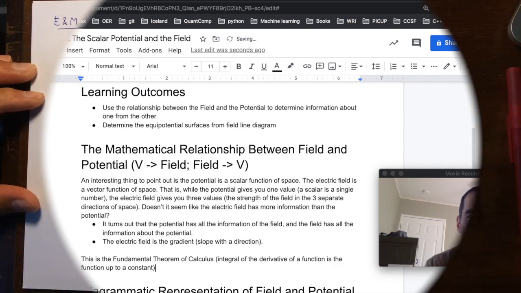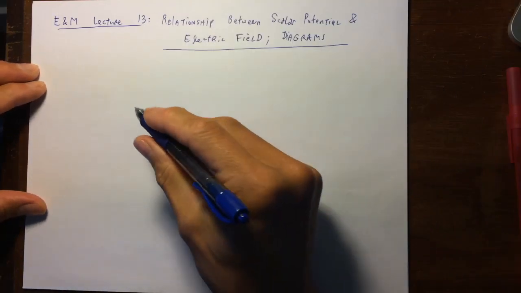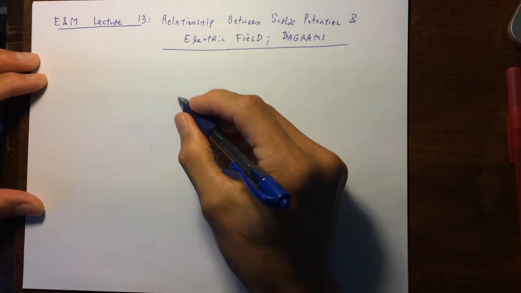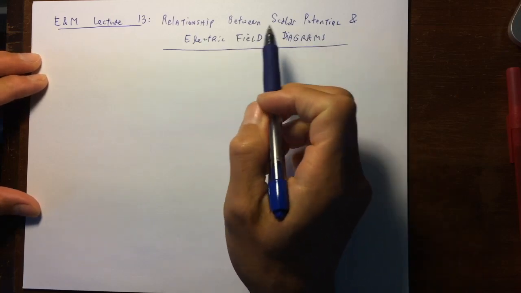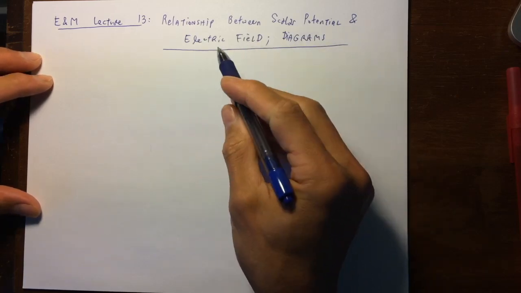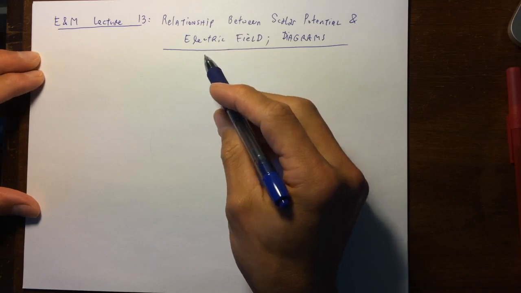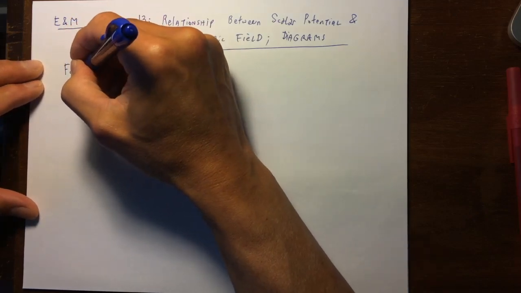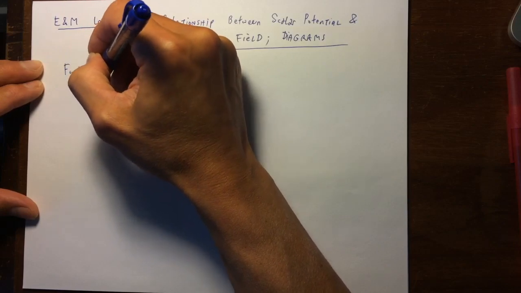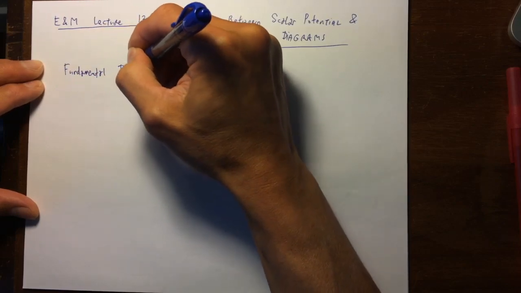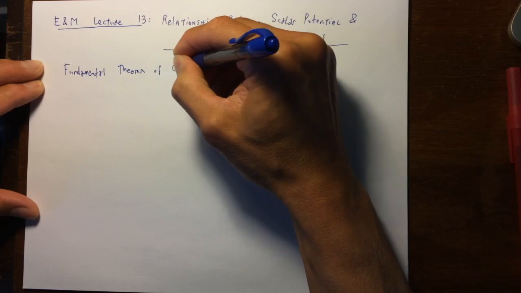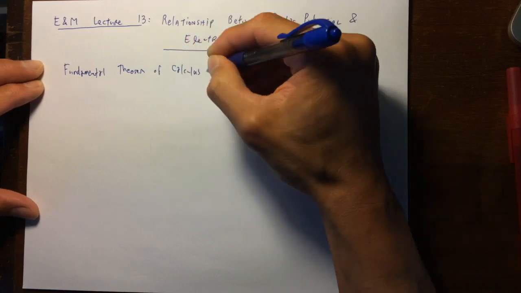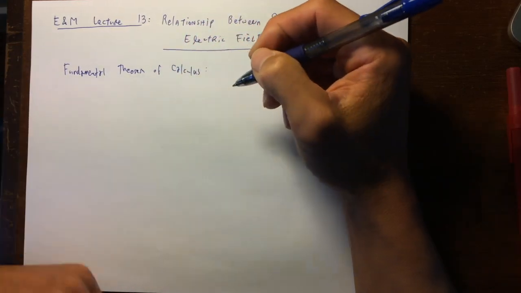All right. So in a nutshell, the relationship between the scalar potential and the electric field is essentially the fundamental theorem of calculus. So let me write that. So fundamental theorem of calculus. So let me remind you of what this means.